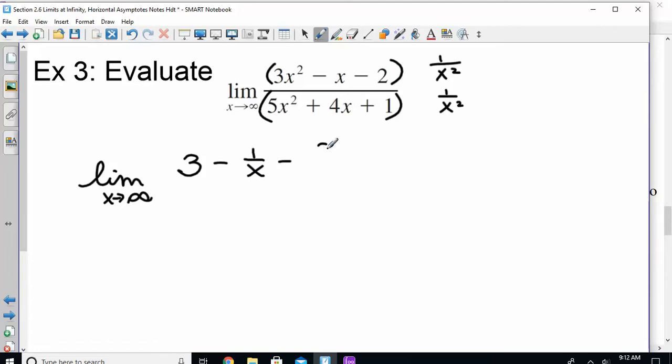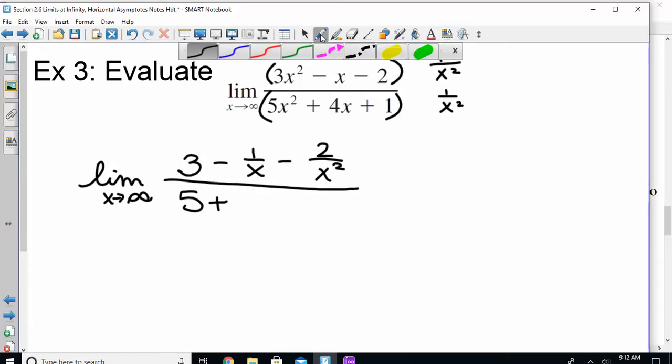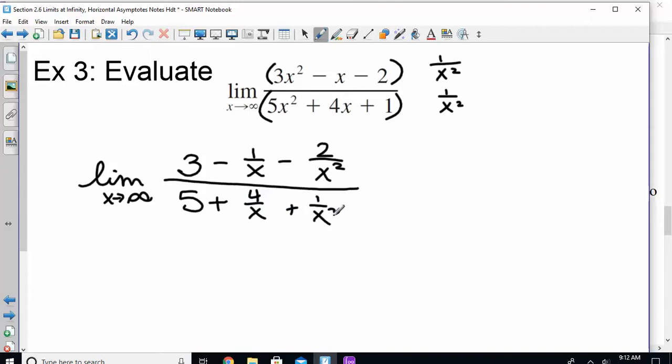That doesn't reduce at all. 5x squared divided by x squared is 5. 4x divided by x squared is 4 over x. One divided by x squared is 1 over x squared. Okay, initially it looks like we just made life really hard, but this is actually very good news for us.